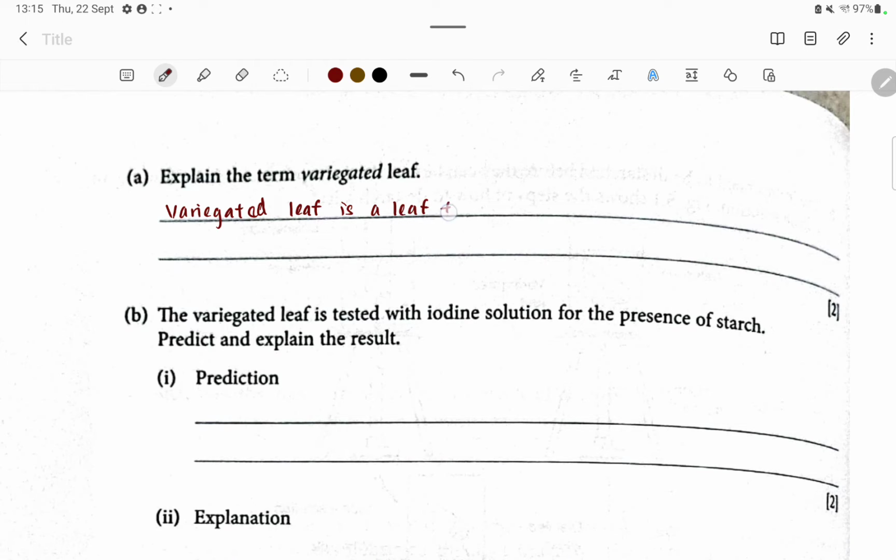A leaf that is partially green and partially white, while the green part of the leaf contains chlorophylls.